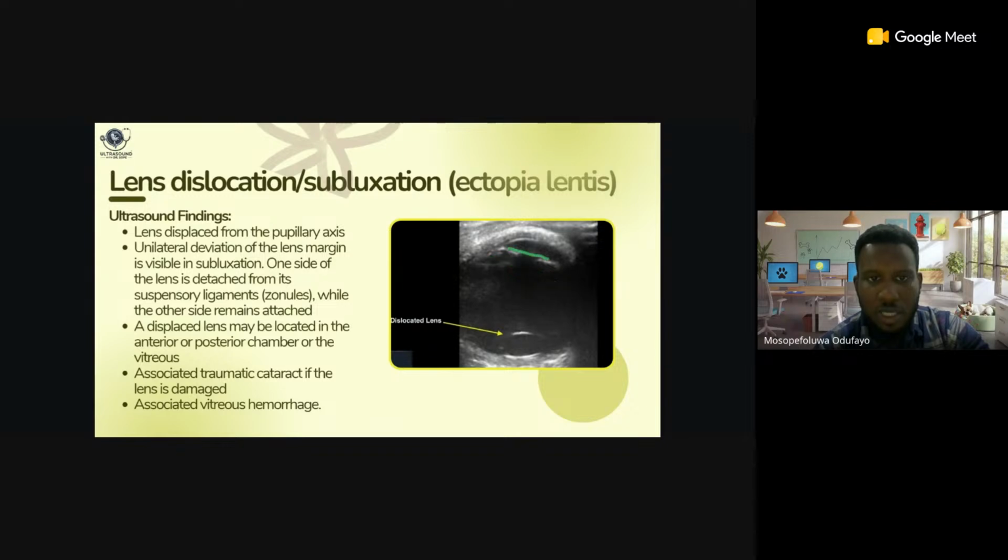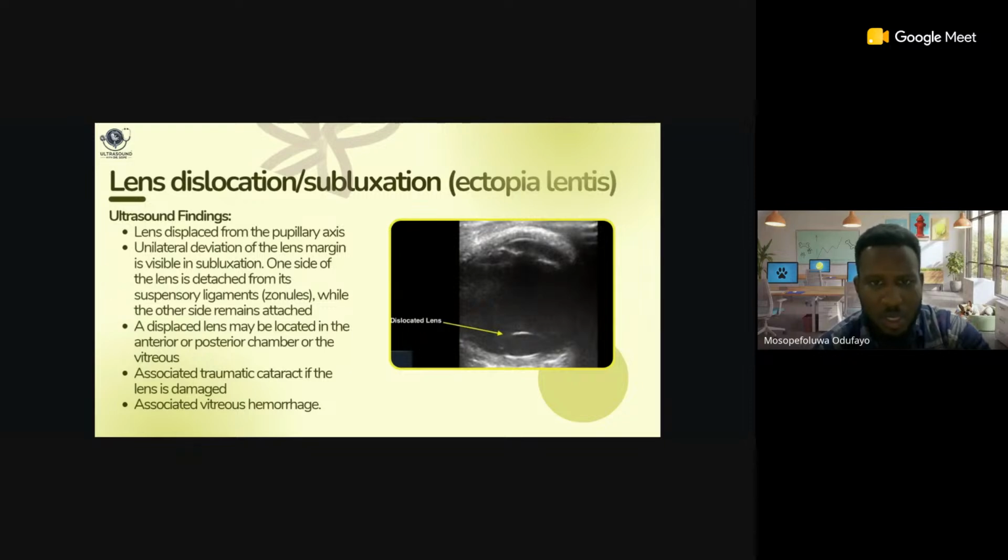So imagine if this is the lens again, as you can see, and now there's a deviation in this direction, then that's subluxation, but it's still attached, probably through one of the other zonules, to this portion here. As long as it's still within that pupillary area, just behind it, then it's subluxation. So the displaced lens may be located in the anterior or posterior chamber.